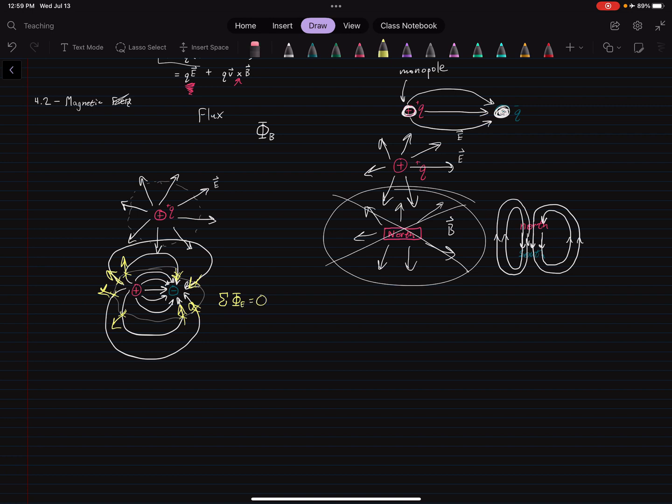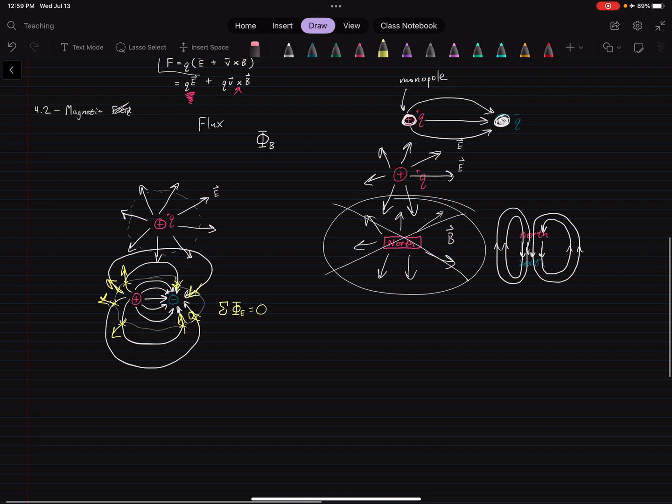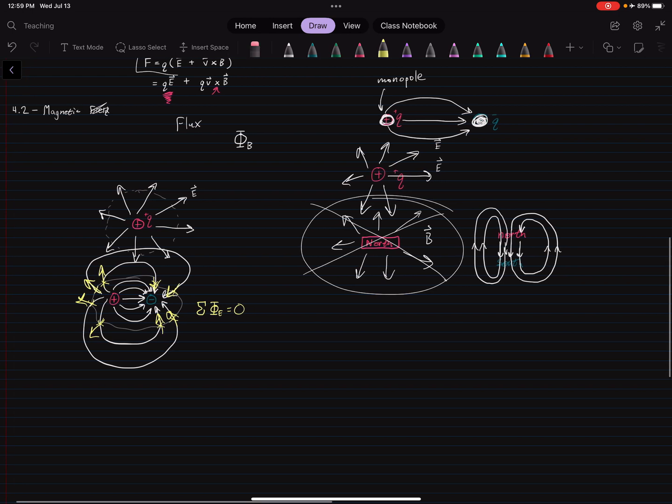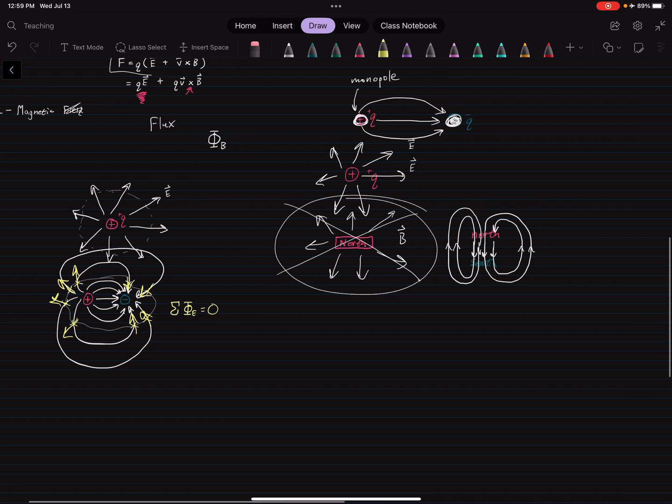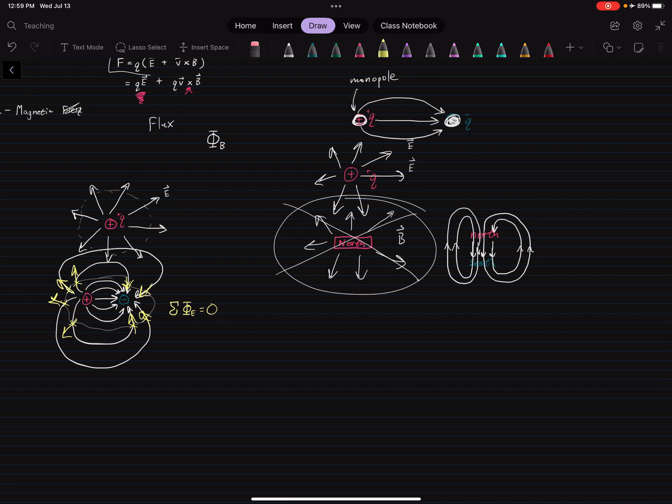You would have to have some uneven distribution of positive and negative charge for there to be some net flux. So in the magnetic case, for every north you have to have a paired south, then there cannot be any net flux.